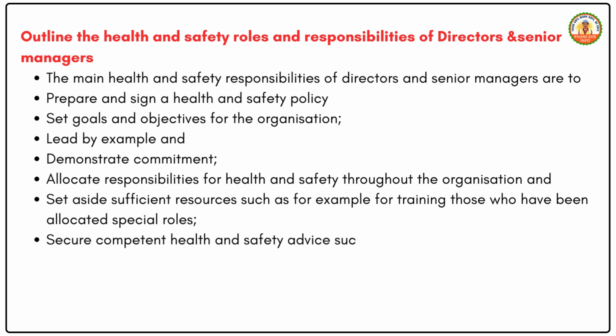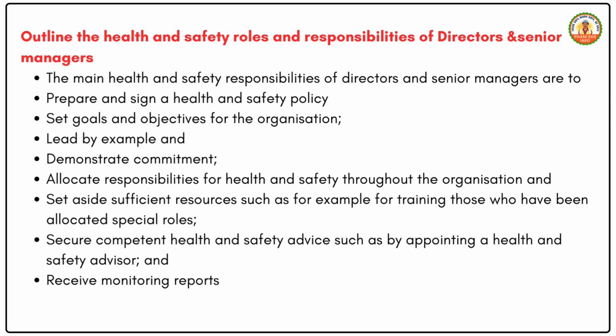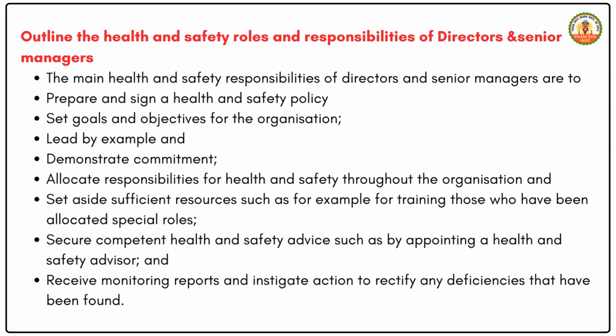Secure competent health and safety advice, such as by appointing a health and safety advisor, and receive monitoring reports and instigate action to rectify any deficiencies that have been found.